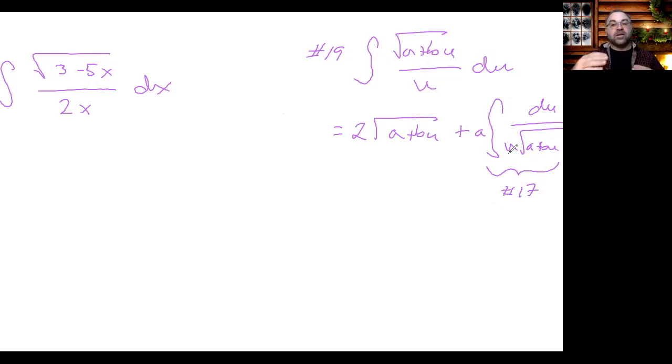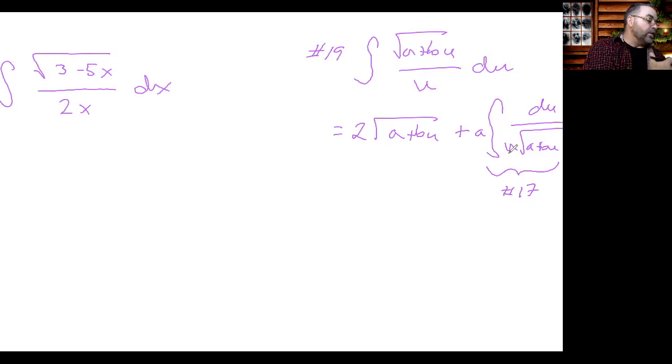It takes the complicated integral, radical of 3 minus 5x over 2x dx, and says that's actually a form that can be reduced, so that then you can apply formula 17. There are lots of them in there, in A28, that result in a new integral as part of your solution that then hopefully fits one of the previous integration formulas.